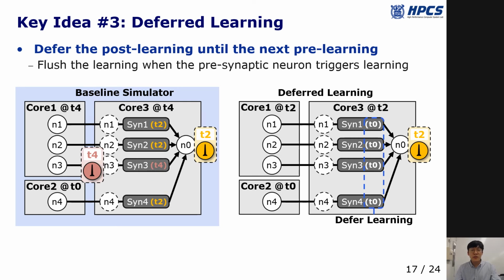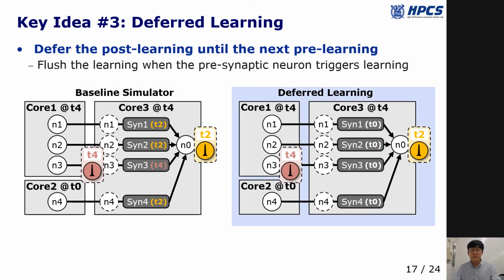When one of the presynaptic neurons fires a spike, the baseline performs pre-learning. In deferred learning, the core flushes the deferred post-learning upon receiving the spike. So in this case, Core 3 flushes the deferred post-learning. Then it performs pre-learning for the incoming spike at T4. Therefore, deferring the post-learning does not affect the simulation result.